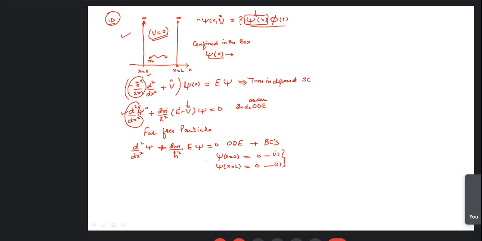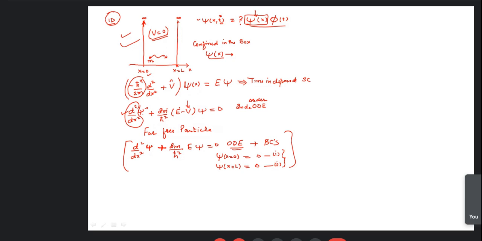So with these two boundary conditions and this ODE, a second order ordinary differential equation, we can solve this, or we can find different energy states, we can find different wave functions associated with this particle when it will be in different states.